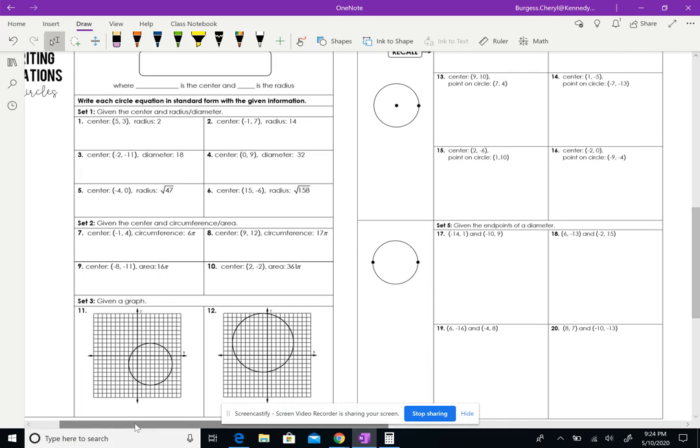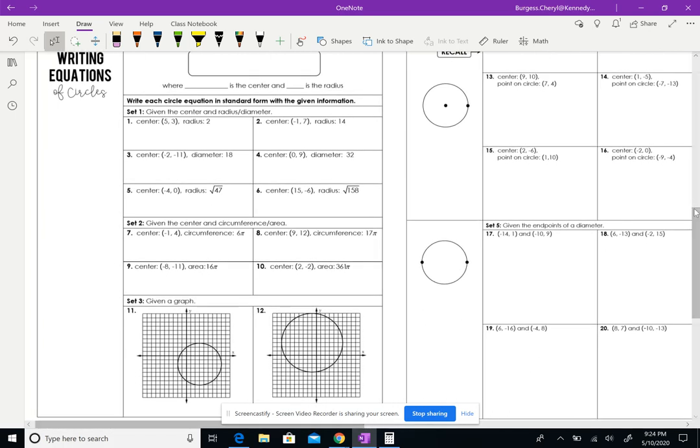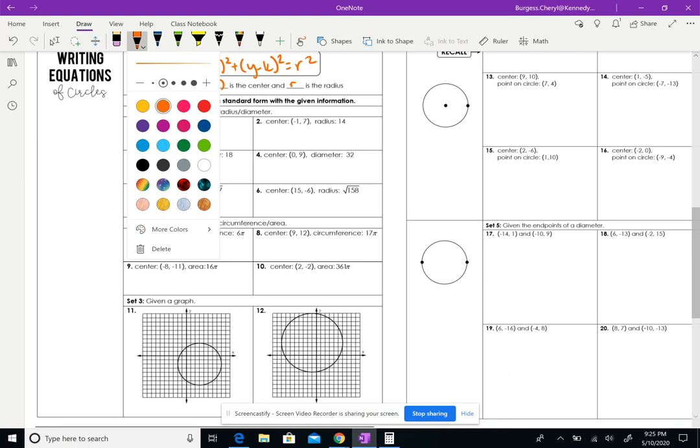Okay. So we are going to rewrite the equation for a circle in standard form. That's x minus h squared plus y minus k squared equals radius squared, where (h, k) is the center and r is the radius. Okay, so write each equation in standard form with the given information. All right, who's tired of orange? Let's try a different color.